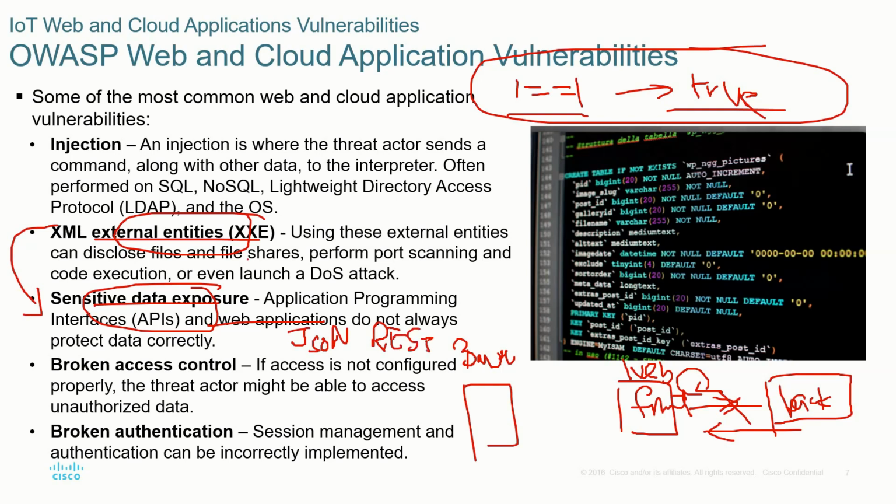Why are people not using this? Because this is too complicated, so most programmers don't like to program this. Most programmers do program APIs because it's easier. And if the API is not done properly, then you have a problem. That's why nowadays there's a thing called a web application firewall, a web-based firewall, to prevent sensitive data exposure.